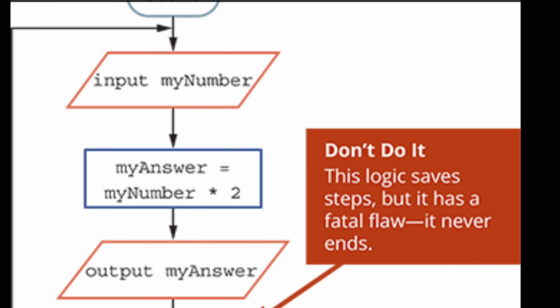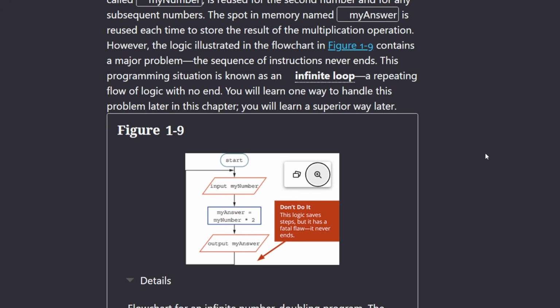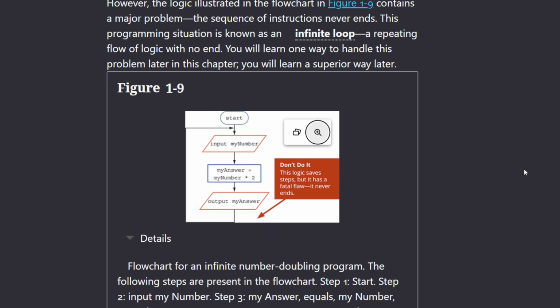So we said that to have a more efficient program in situations where we tend to repeat the process that we use for a data or set of data, instead of repeating it manually, we use loops. However, in this flowchart, we could say that it's inefficient because it never ends.